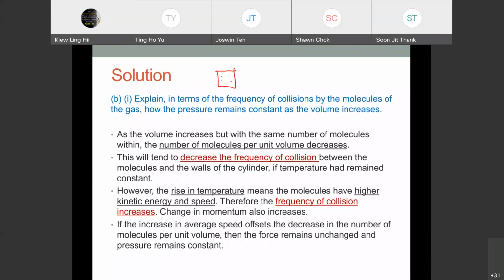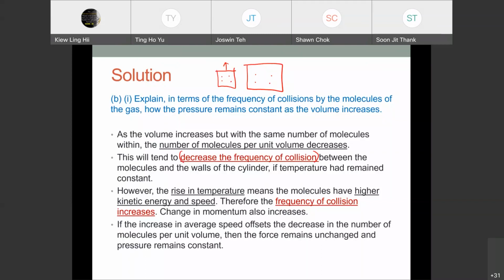When you increase the volume with the same amount of particles in the space, what happened? The chances of collision decrease, right? So when the chances of collision decrease, what will happen to the pressure? The pressure is supposed to decrease as well, right?